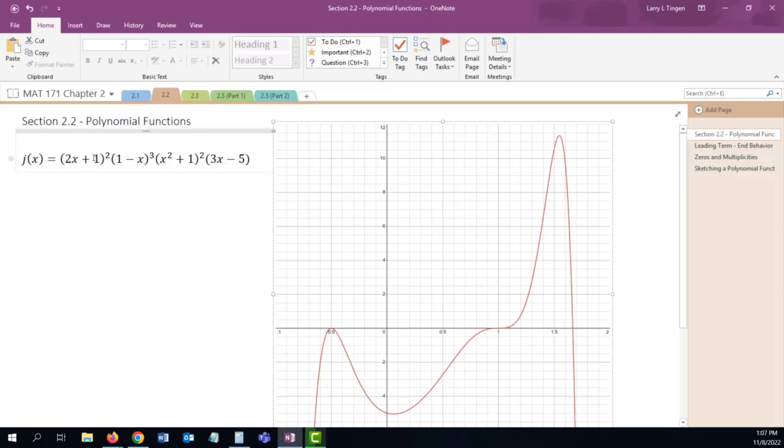This could go first, this could be the last one. We don't typically write these in descending or ascending order, so which one comes first, which one comes second, doesn't matter. The only one is this 1 minus x, which needs to always be written as either 1 minus x or negative x plus 1, and then 3x minus 5 needs to be 3x minus 5. But the rest of them can be swapped around.